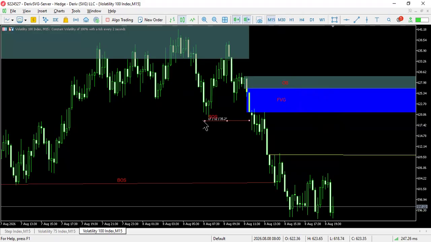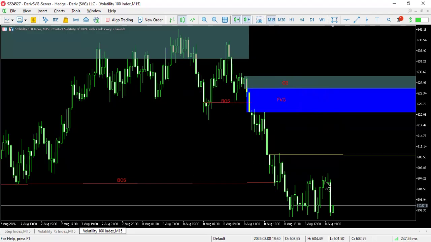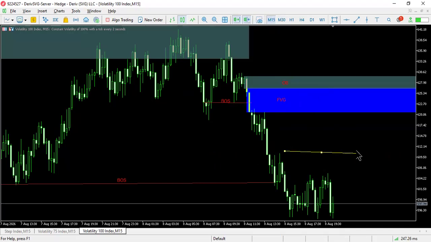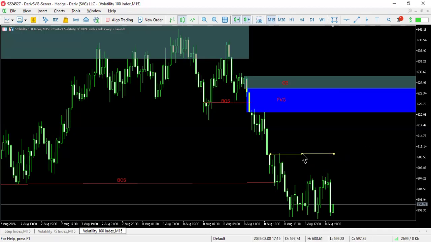My internal break of structure, adjusting it, it will now be there. And then we have this liquidity that is sitting here.